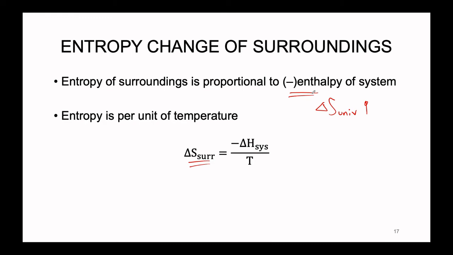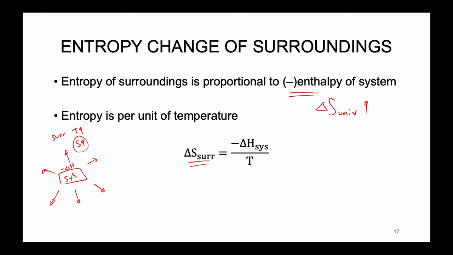In other words, we can think of it like this. If our system is undergoing some type of exothermic process where energy is being released into the surroundings, we know that this is being represented in chemistry as a negative delta H. Well, if energy is leaving the system and going into the surroundings, this means that the temperature of the surroundings is going to be increasing, which we also know gives an increase to entropy.